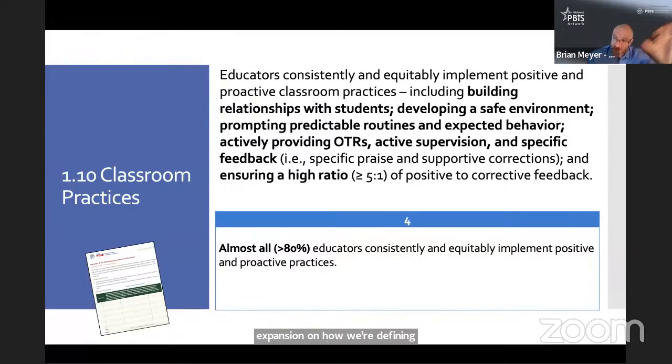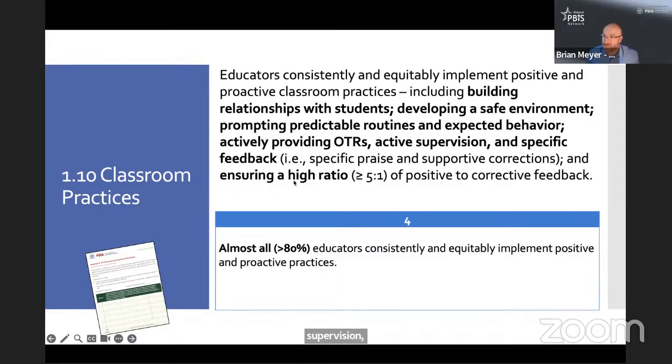In addition to those school-wide practices, the other classroom practices that are important: relationship building, a safe environment, predictable routines, academic opportunities to respond, active supervision, specific feedback, and a corrective ratio. Again, all practices that we know work.